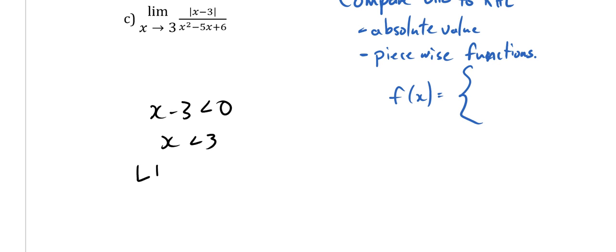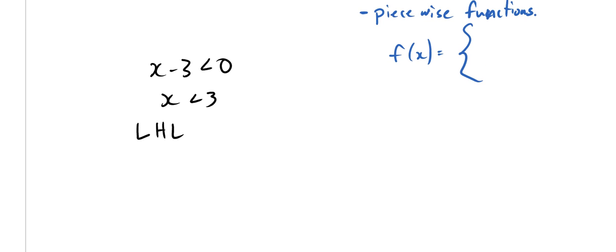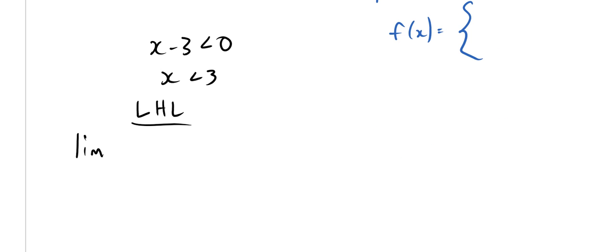And so this is going to be my left-hand limit. So I'm going to say the limit as x approaches 3, and because now I'm splitting into 2 parts, the limit as x approaches 3 from the left.